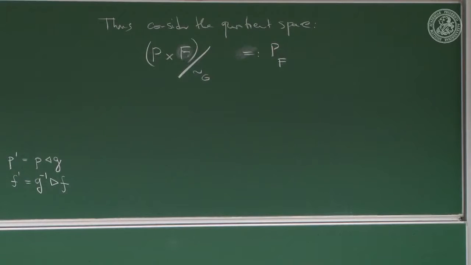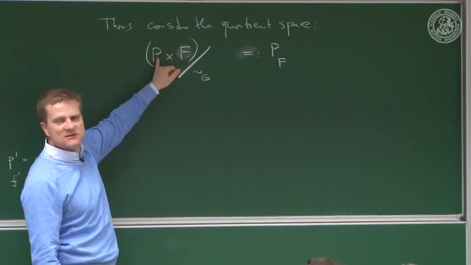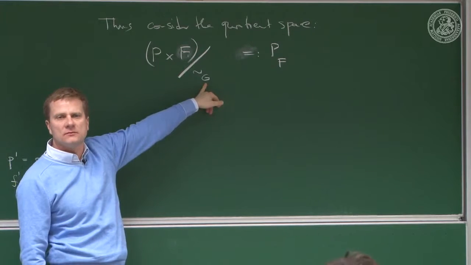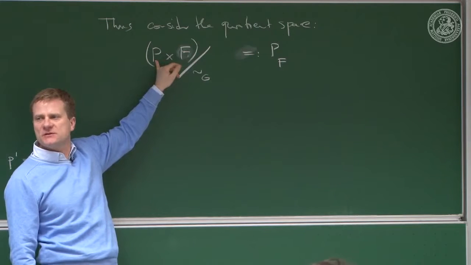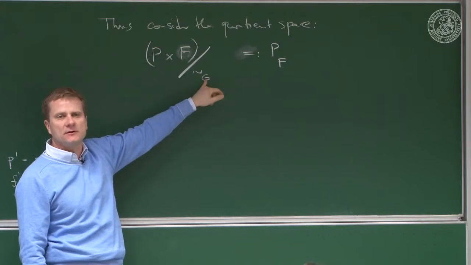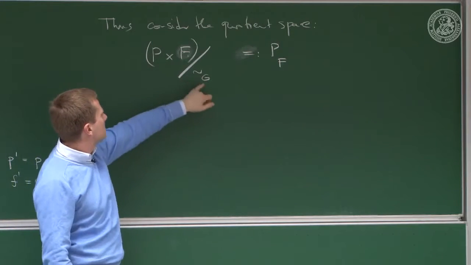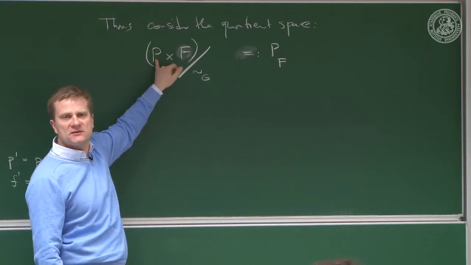Now, very roughly speaking, the fibers of P alone are the entire group, because P is a principal G bundle, and a principal G bundle has a typical fiber, the group. So very roughly speaking, if you then mod out the group, what is left of this first factor?